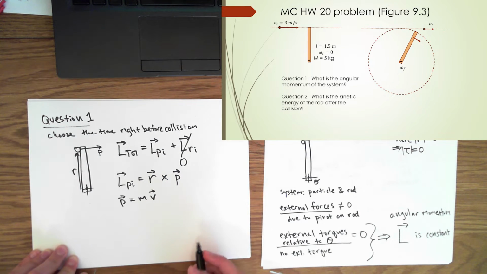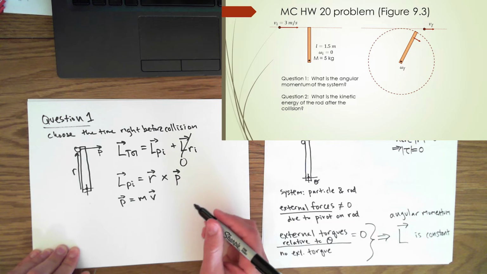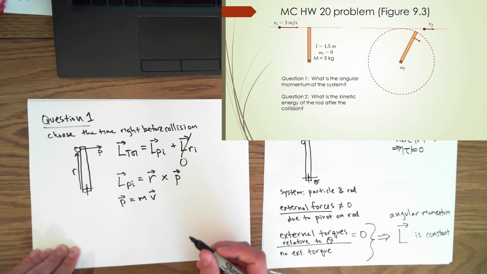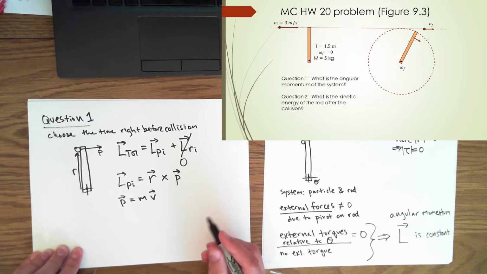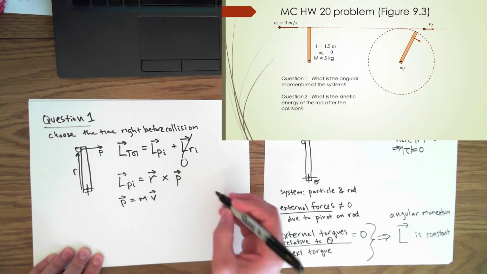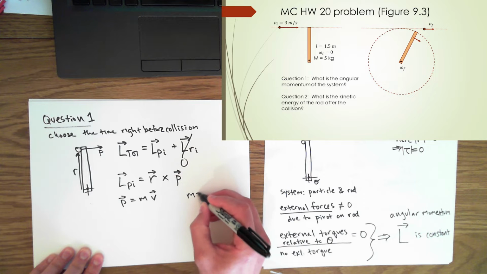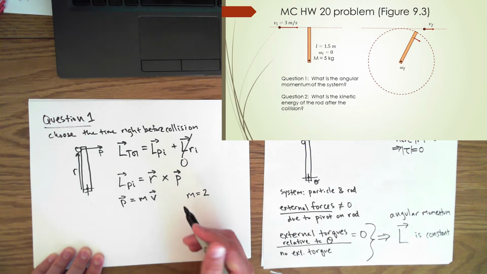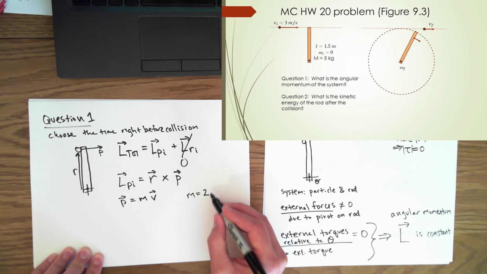For this problem, the mass of the particle, which I didn't write on the slide, was 2 kilograms.